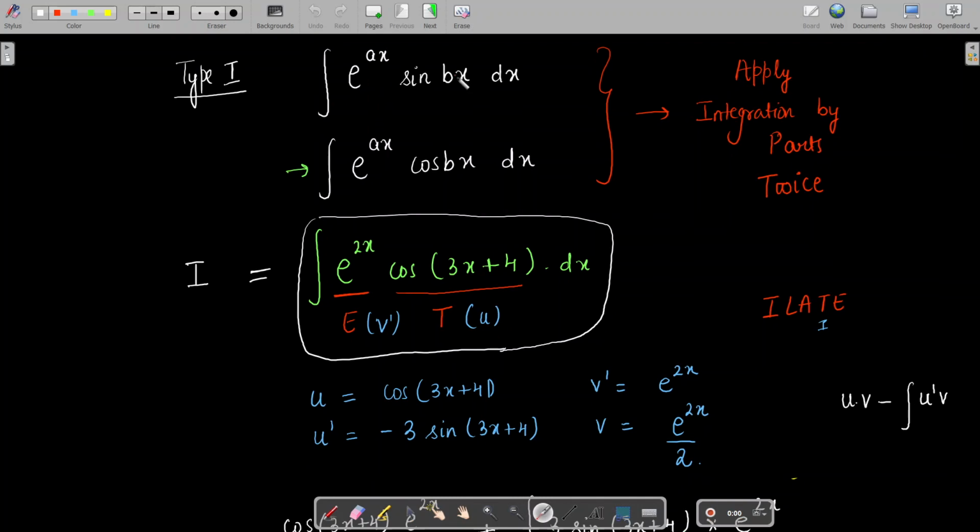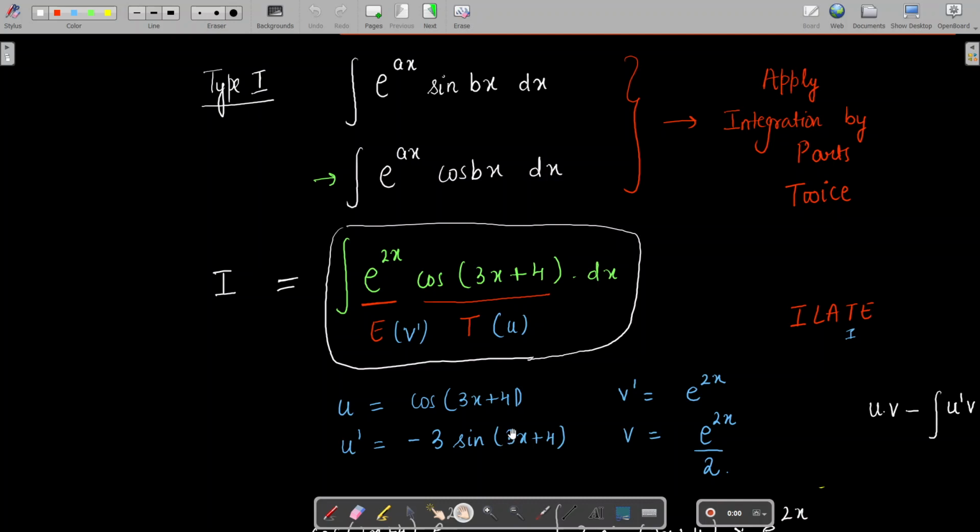Because when you integrate this type of integral two times, you know that integration of sine is cosine and integration of cosine is sine. So you will realize that you will get the integral that you started with. You will get that integral again.